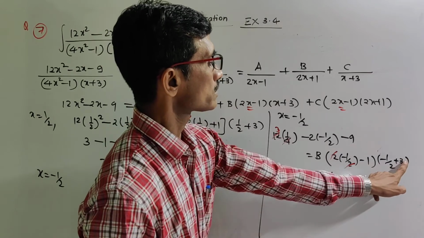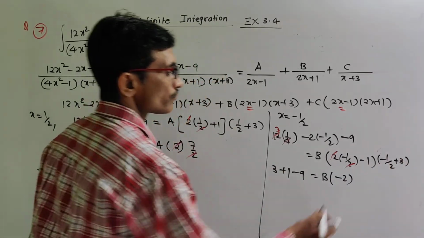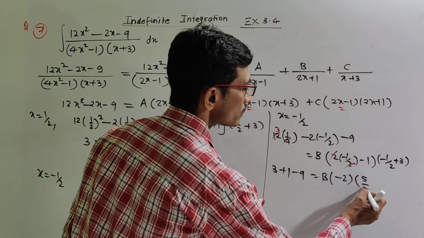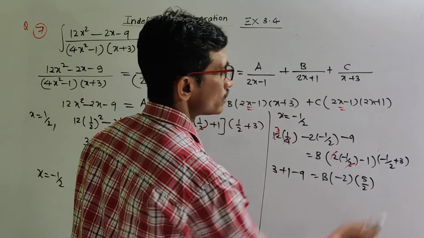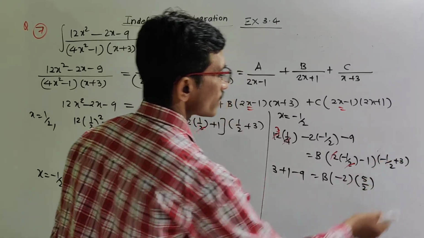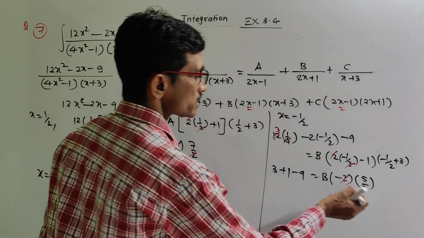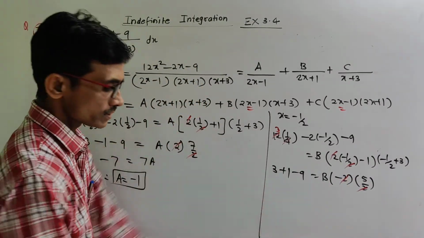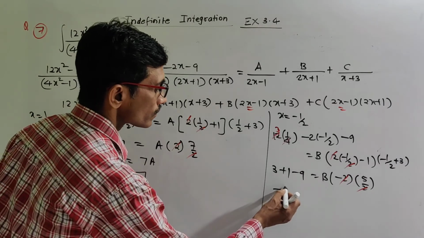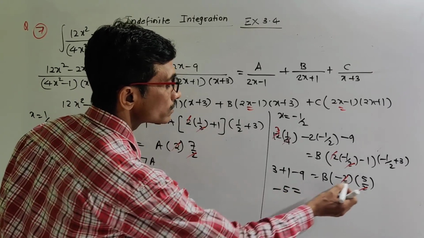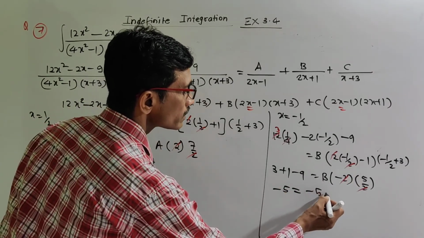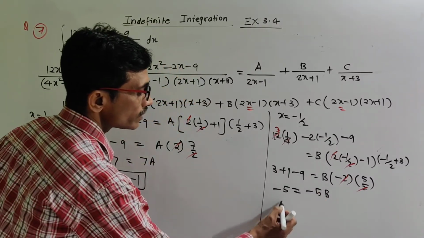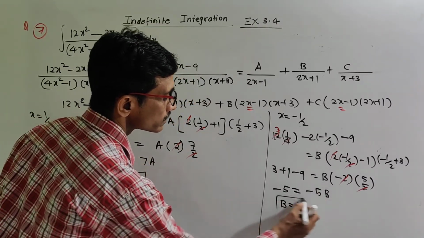And this is 6 minus 1, 5/2, this 2 is getting cancelled again, this is 4 and -9 which is -5. So -5 is equal to -5b, so b will be equal to 1.